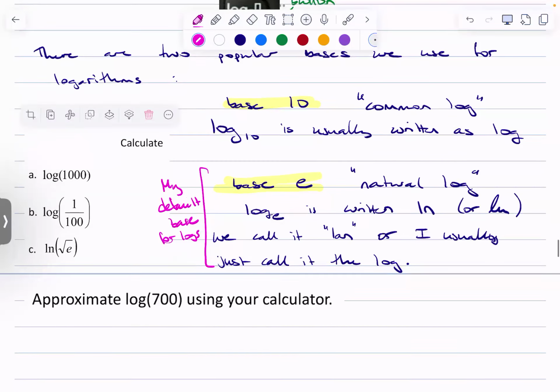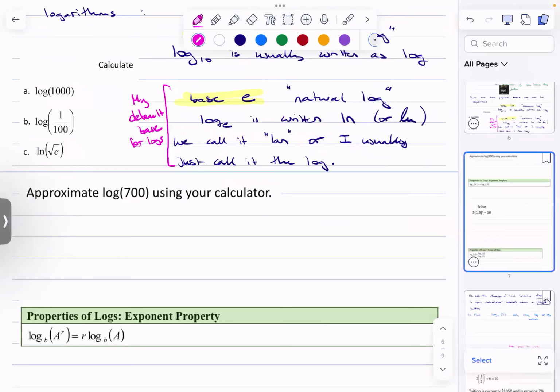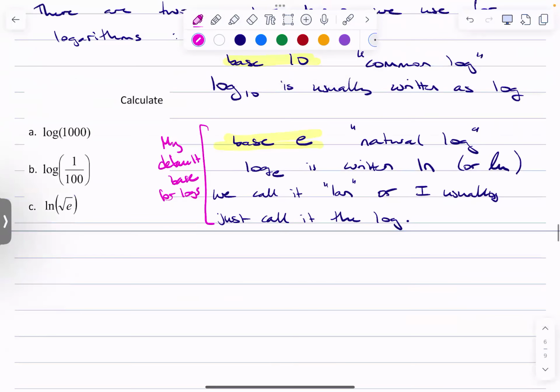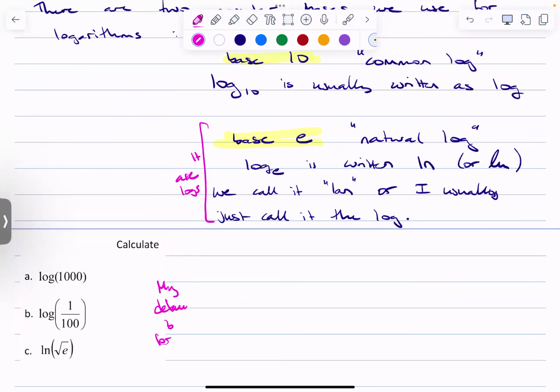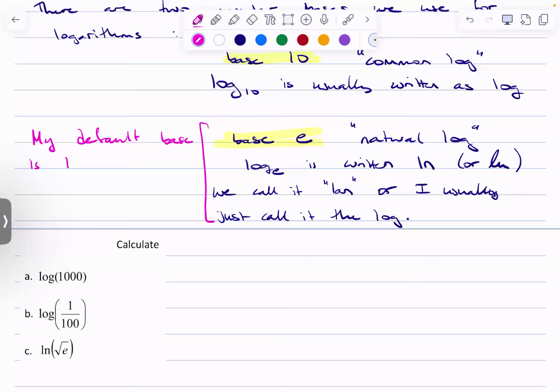Let's see. I'll move this down here. Which means I didn't need to cram this in here. My default base is log base e, or I just call it log.